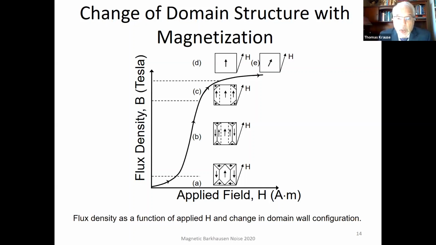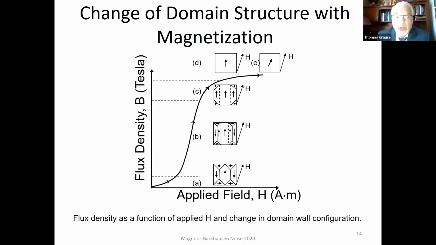And so as we continue to apply the field, we're going to make the 180-degree domain walls move to position B, and that's going to form a magnetic dipole moment, as shown by the dashed lines. And as we continue to increase the field to C, we're going to complete all the motion of the 180-degree domain walls, and we're going to be left with just 90-degree domains.